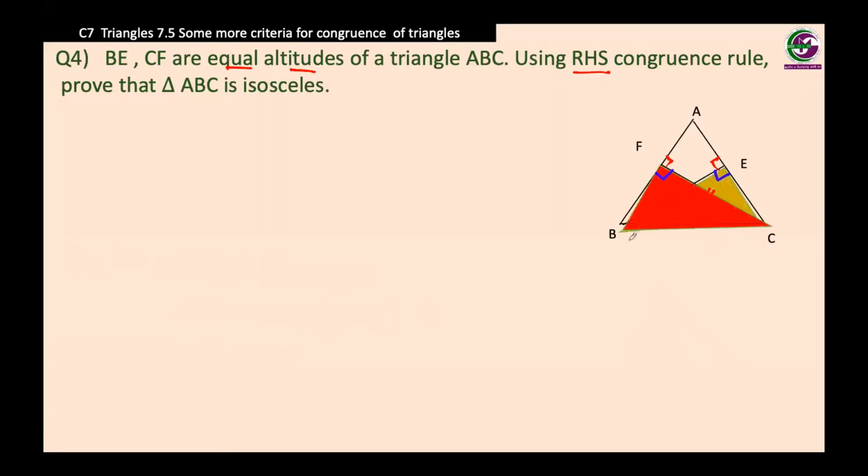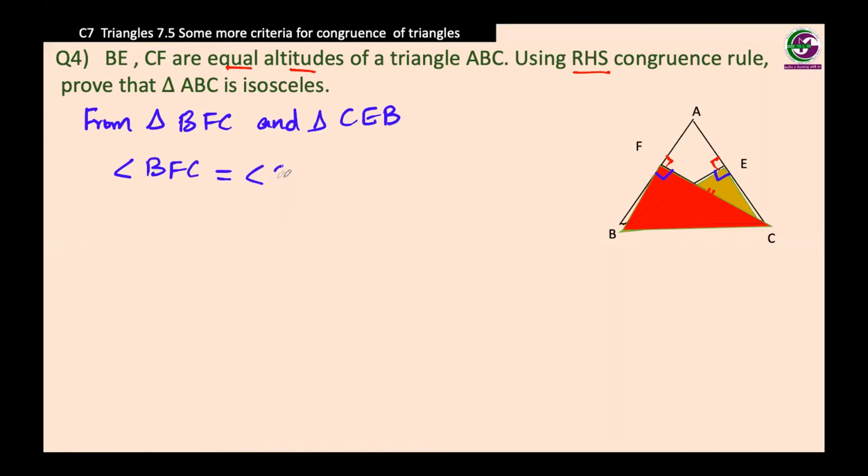So let's take the triangle BFC and BEC. From triangle BFC and triangle CEB, we know the angle is 90 degrees. Angle BFC is equal to angle CEB, 90 degrees, because they are altitudes.